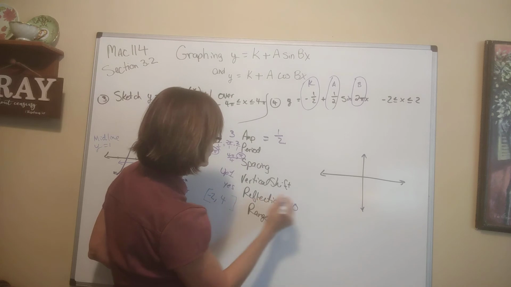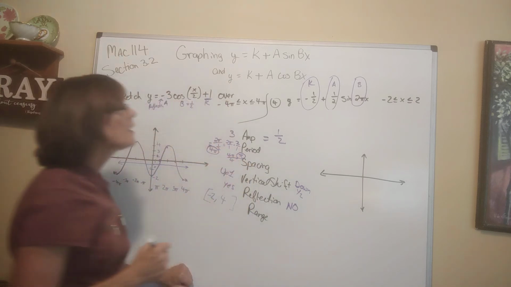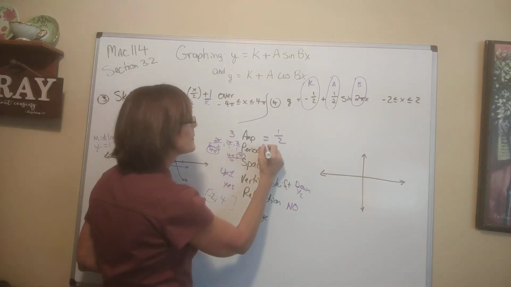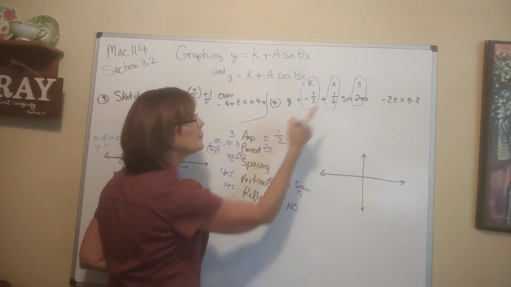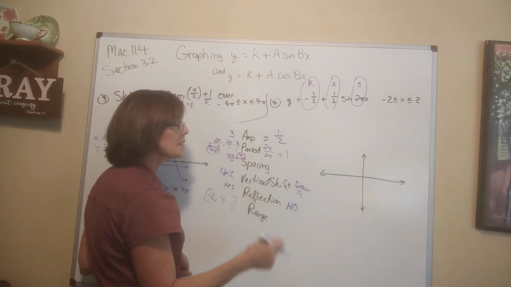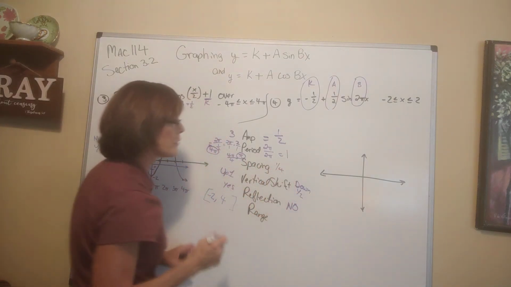So is there a vertical shift? It's going to go down by 1/2 unit. All right, what's the period? The period is equal to 2 pi divided by b, but in this case it's 2 pi, so that's the number 1. The spacing is always the period divided by 4, so the spacing in this case will be 1/4.